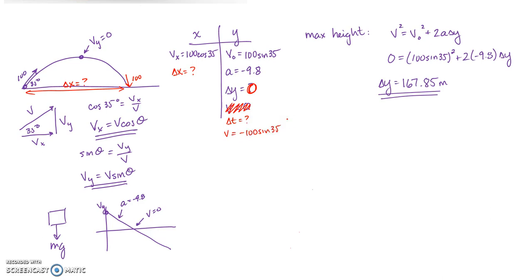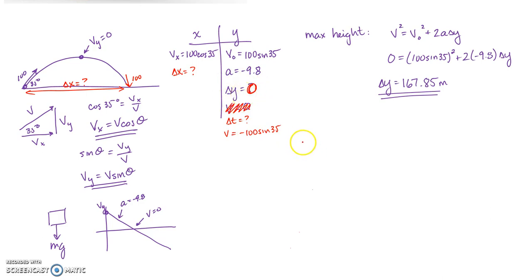Now granted, I'm stressing this, that only works if you have this perfect parabola where you end at the exact same height you were launched at. If you don't land at the exact same height, this is not a true statement. Okay? I mean, neither is this, but this might be a number. This is based purely on this situation. So I'm not going to use that to solve this. I'm going to use this guy right here.